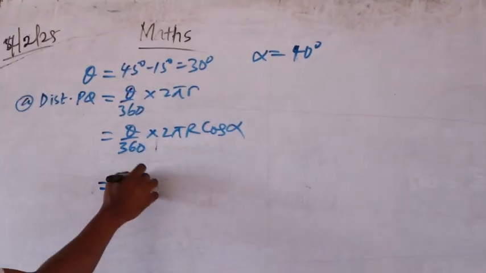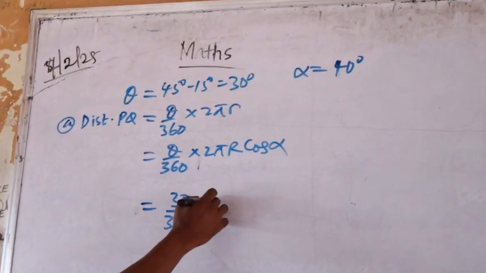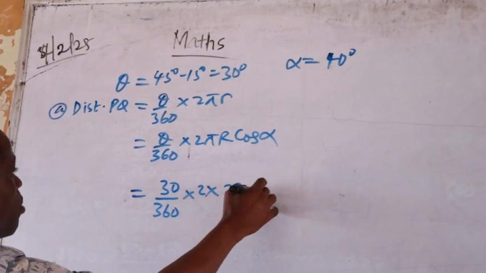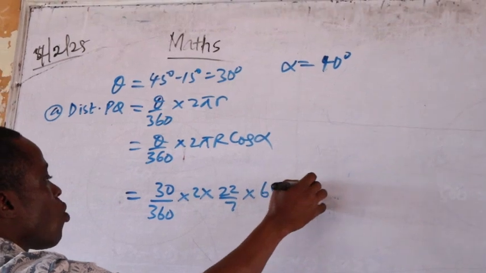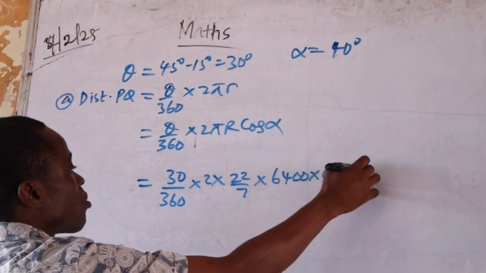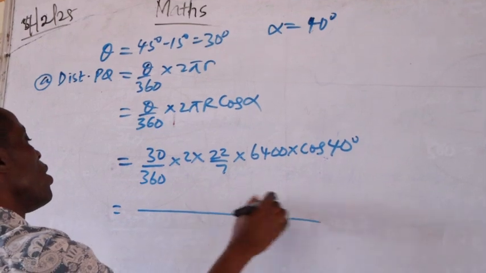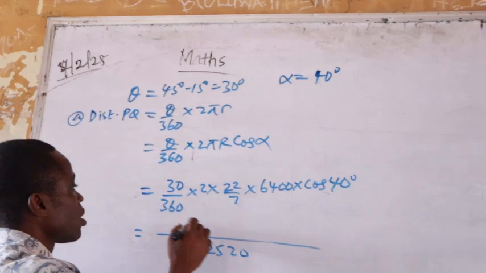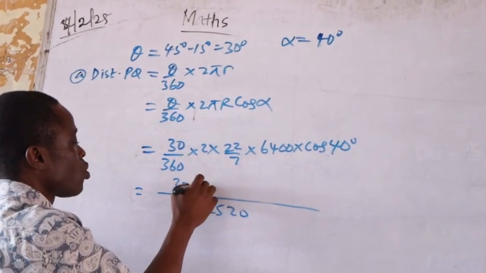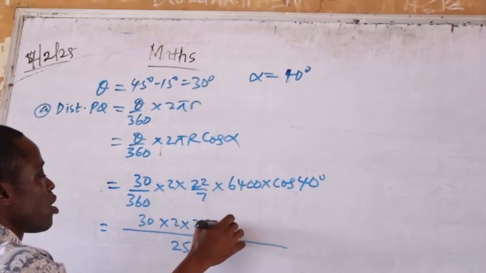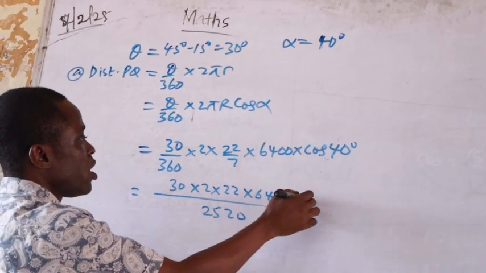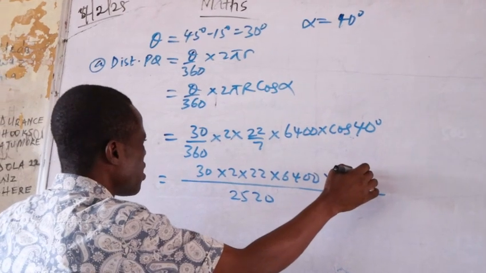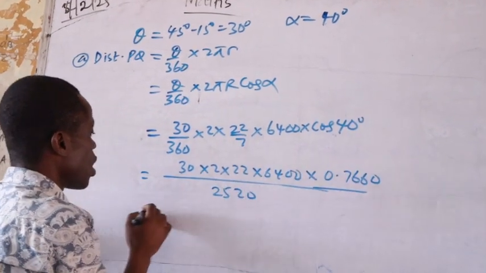Theta 30 over 360 times 2 times pi, 22 over 7, times 6,400, times cos alpha, where alpha is 40. The product of 360 and 7 is 2,520. So we have 30 times 2 times 22 times 6,400, times cos 40, which is 0.76.